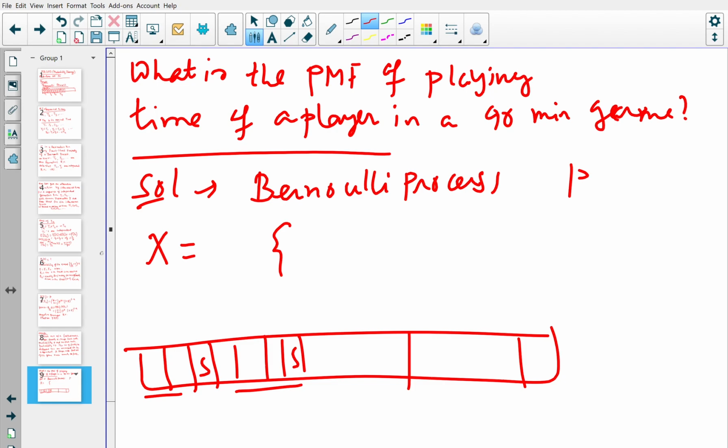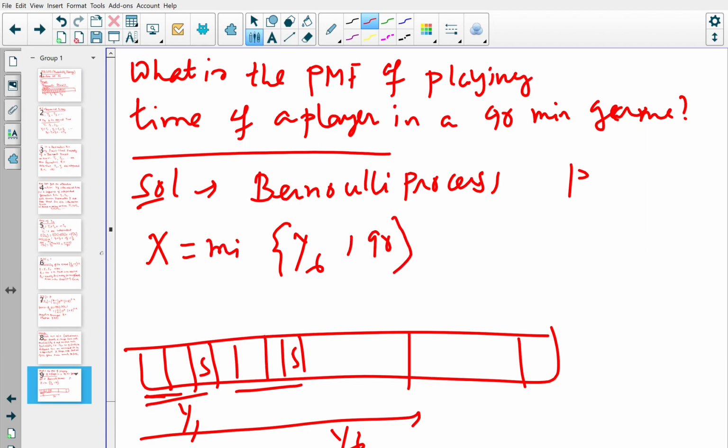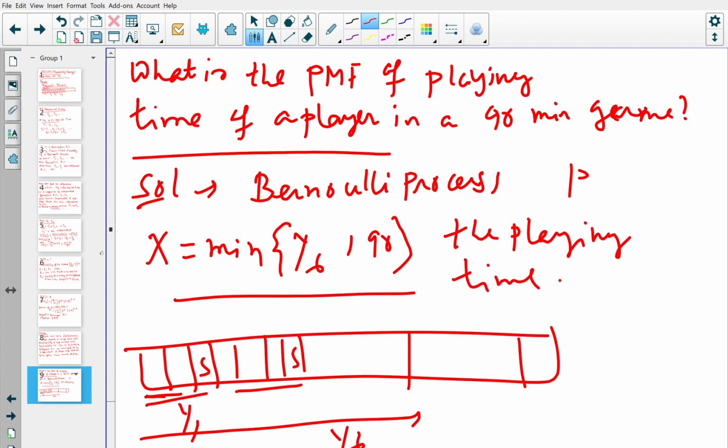So the first is Y1, then Y2, up to Y6, right? So the playing time will be either Y6 or 90 minutes, whichever is the minimum. Now what is Y6? We just learned that this is a negative binomial random variable.